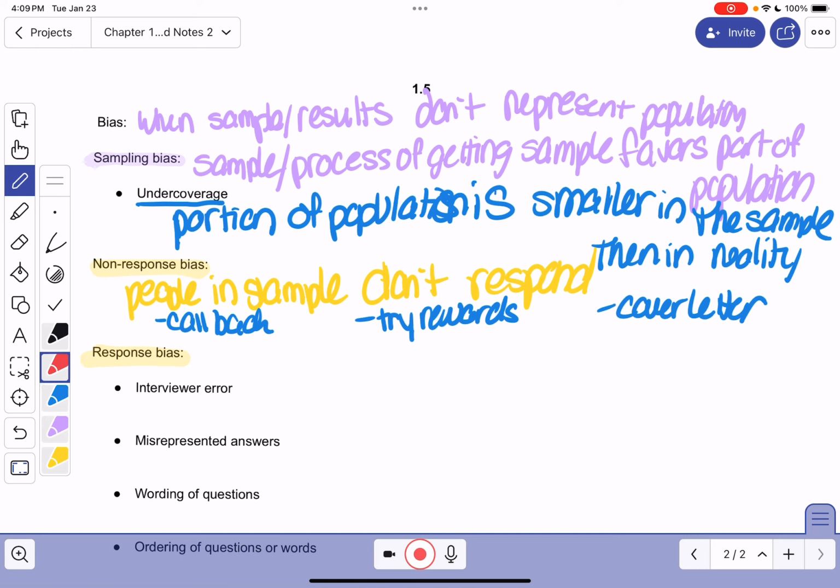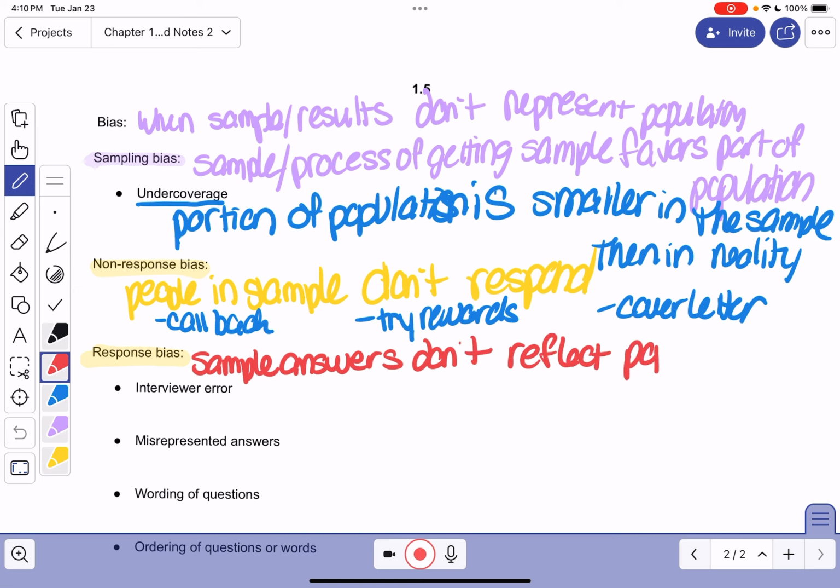Response bias is when the sample answers don't accurately reflect the population's opinion. Again, lots of reasons this could happen, but somehow the answers we got in the sample aren't reflecting what the real population is.